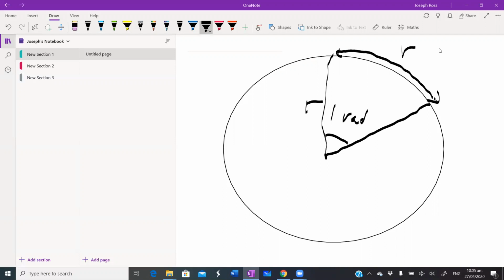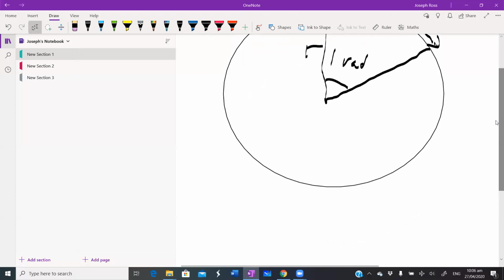Now the circumference, in other words, the total distance around a circle, C is 2 pi times r. So the distance around the outside of the circle is 2 pi multiplied by the radius, which also gives you a clue as to how many radians there are in a full circle.